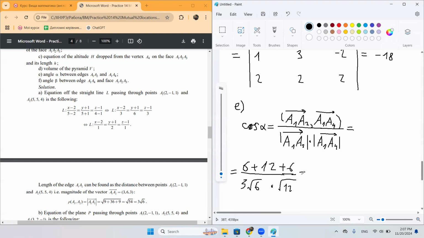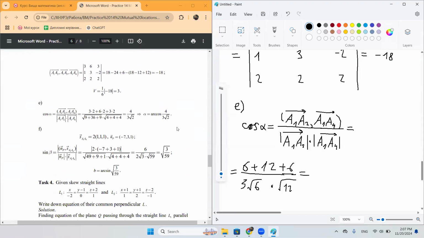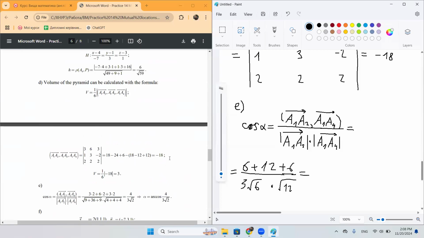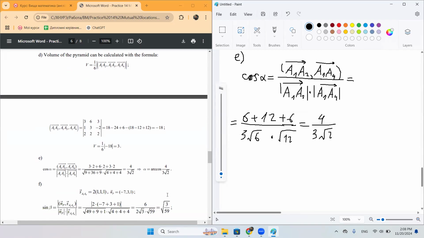And let me not play with these square roots. So the cosine of this angle is the following, and alpha is not a table value, so just such an irrational number: the cosine is 4 by 3 square roots of 2.